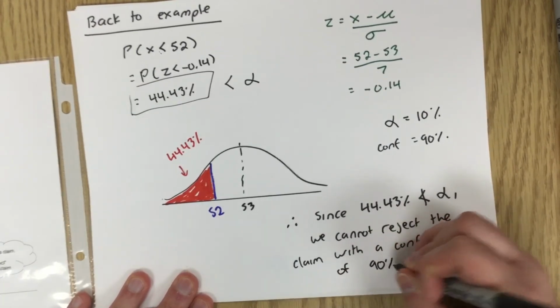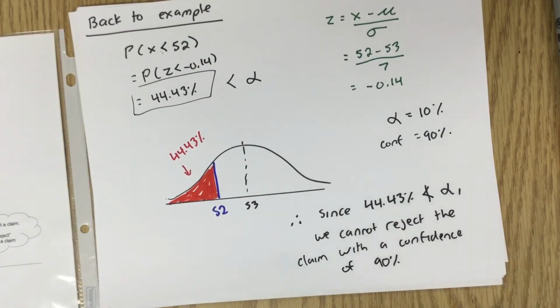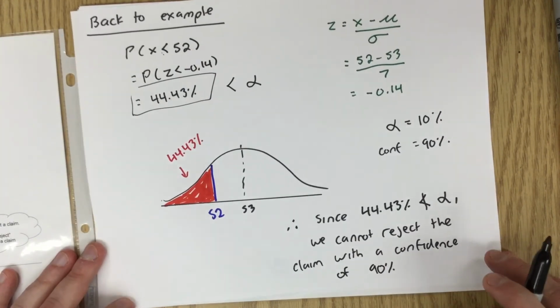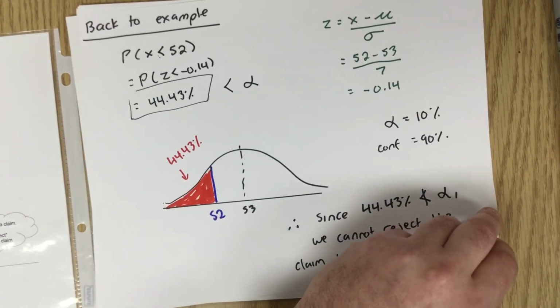So what we're saying is that maybe they're right, maybe they're wrong, but we don't have enough evidence to be 90% sure that they are wrong. We'll do a couple more examples of that.